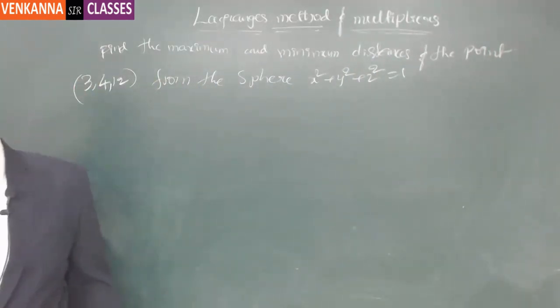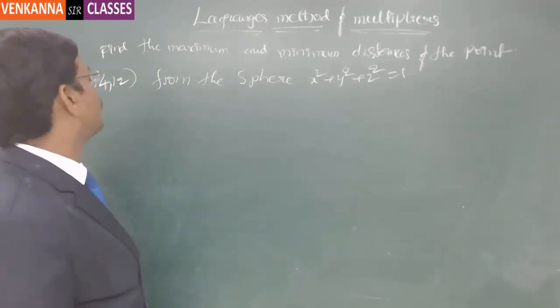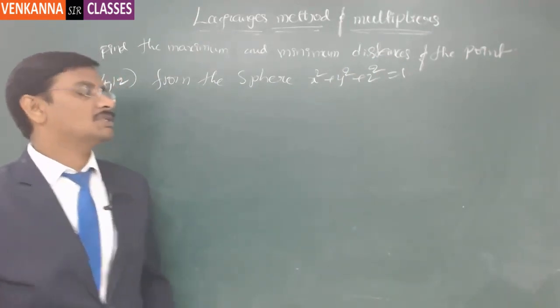So this is the problem statement: find the maximum and minimum distances of the point 3, 4, 12 from the sphere x square plus y square plus z square is equal to 1.